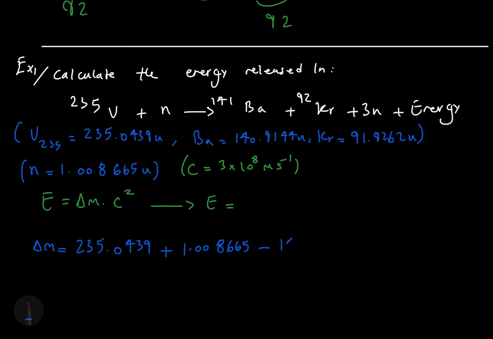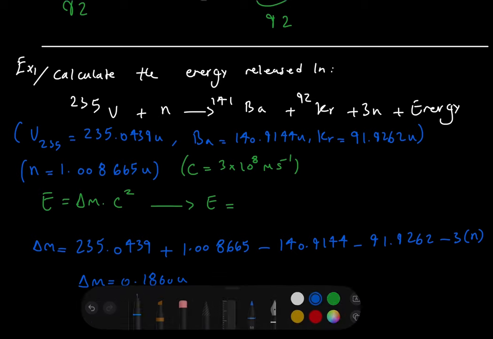So minus 140.9144, minus 91.9262, minus 3 times the mass of 1 neutron. So if you do that, you get delta M is equal to 0.186 atomic mass units.